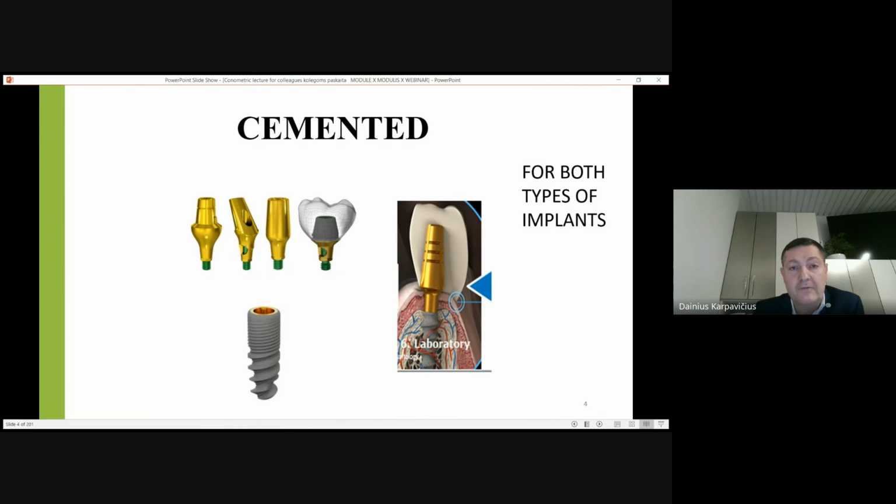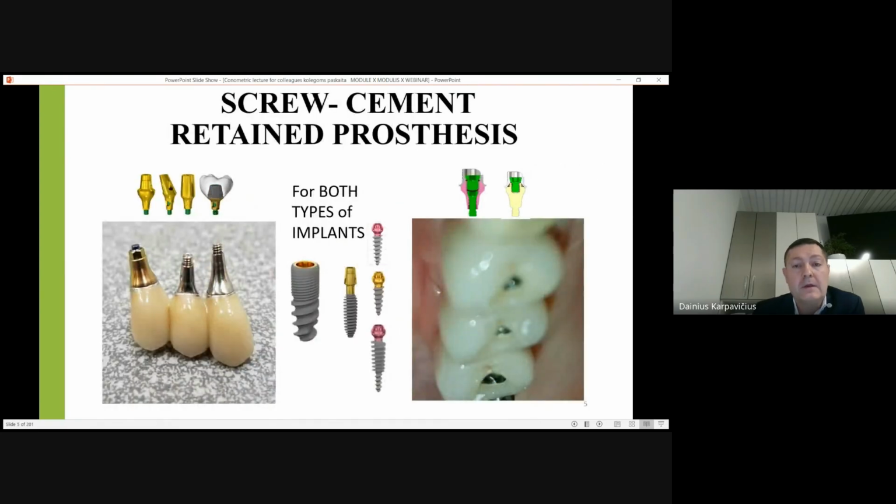I will start from cemented. This is the old type. Of course, we find that it is still in use, and it is a method with its positive and negative outcomes. Another possibility is screw cement retained prosthetics.